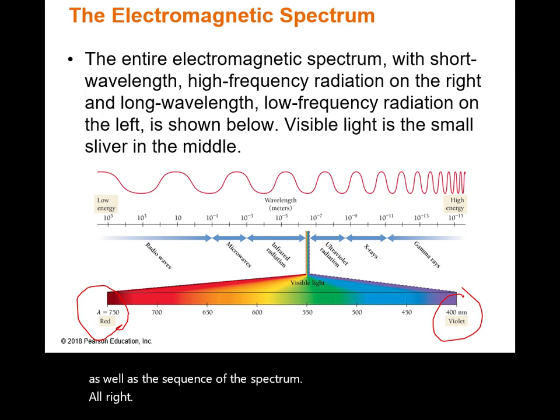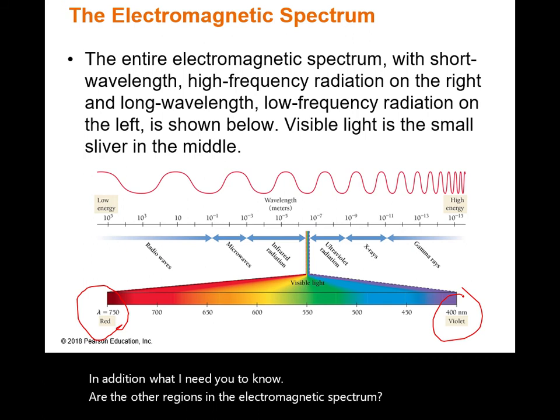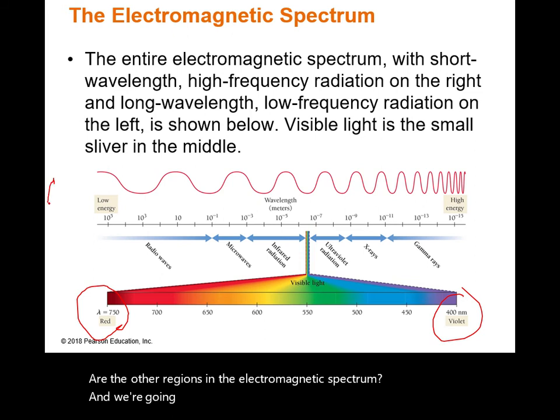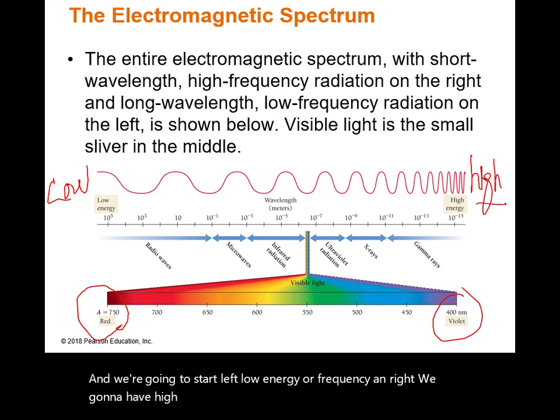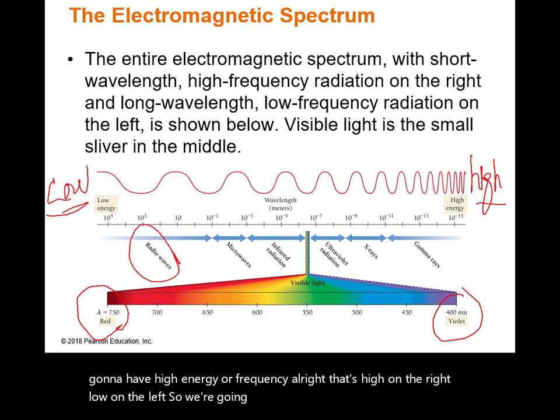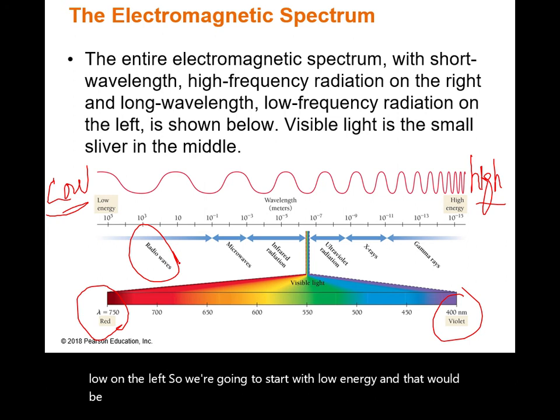In addition, what I need you to know are the other regions in the electromagnetic spectrum. We're going to start left, low energy or frequency, and right, we're going to have high energy or frequency. All right, that's high on the right, low on the left. So we're going to start with low energy, and that would be radio waves. Those have the lowest energy, followed by microwaves, followed by infrared.